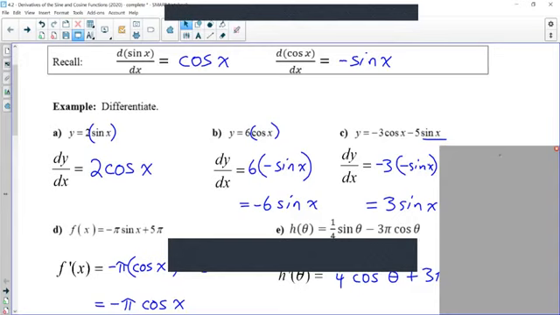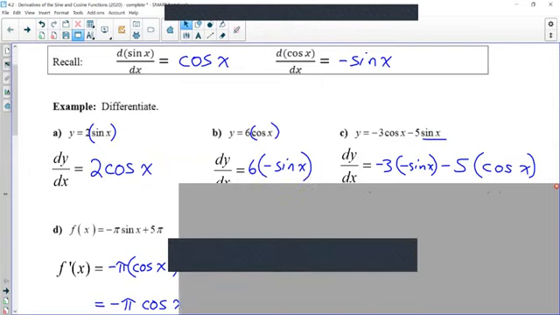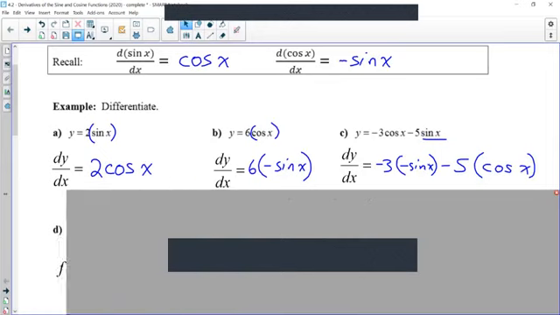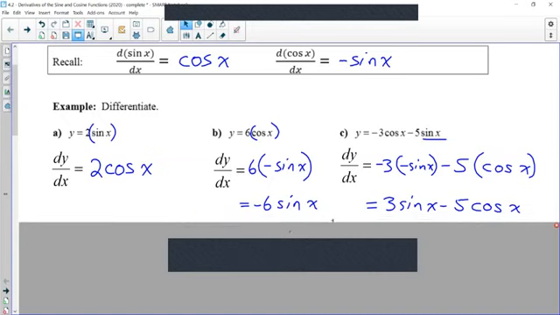The derivative of sine x is cos x. So you keep the minus 5, and then you get the derivative of sine x, which is cos x. Now, simplifying obviously is easy. This is just the coefficient multiplied by a negative, 2 negatives here, and nothing really to worry about there. So those are the simplified results for B and C.